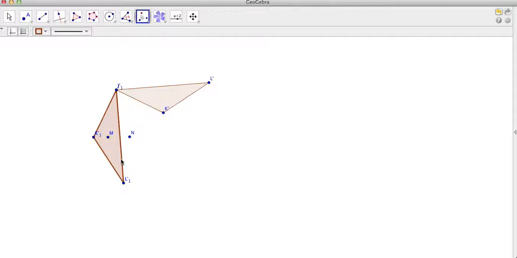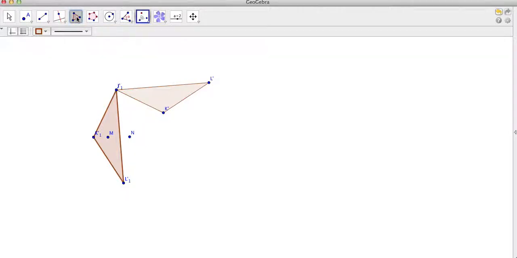And so the distance from a point to the point of rotation and its prime is the same as the distance of the original point to the point of rotation.